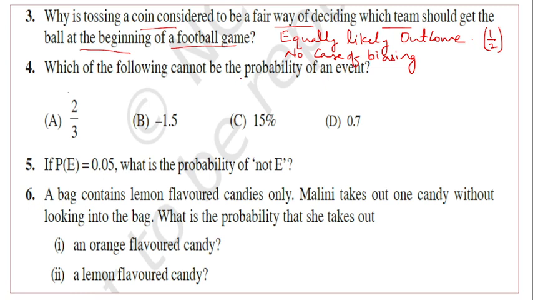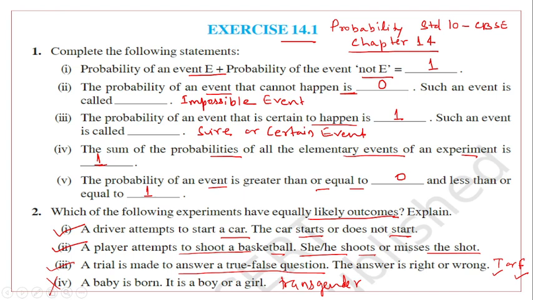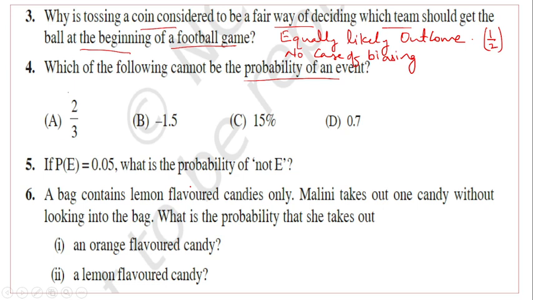Which of the following cannot be the probability of an event? We already saw in the previous question that the probability of an event is greater than or equal to 0 and less than or equal to 1. Same thing here. We can see 2 by 3 is less than 1, so this can be the probability of an event.